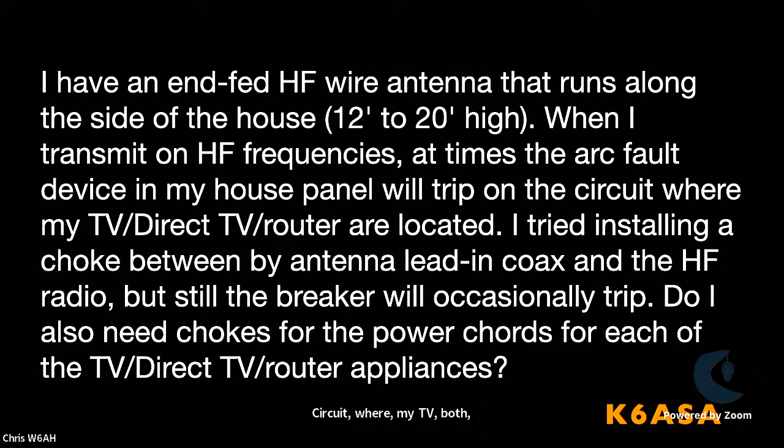I've tried a choke between the antenna lead-in coax and the HF radio, but still the breaker will occasionally trip. Do I need chokes for the power cords for each of the TV, DirecTV, and TV router appliances? That came in from K6ASA. That's a great question.